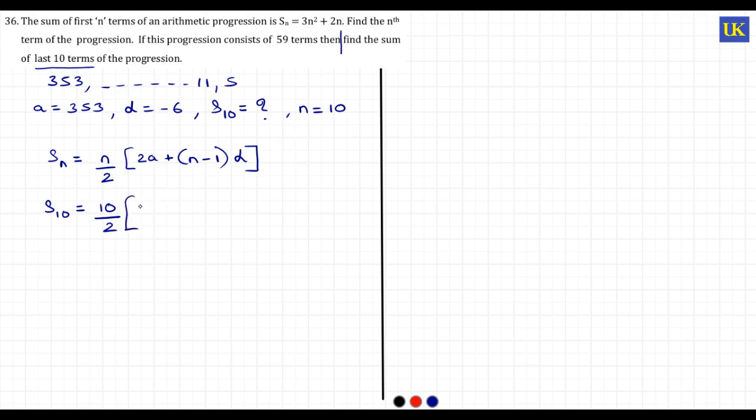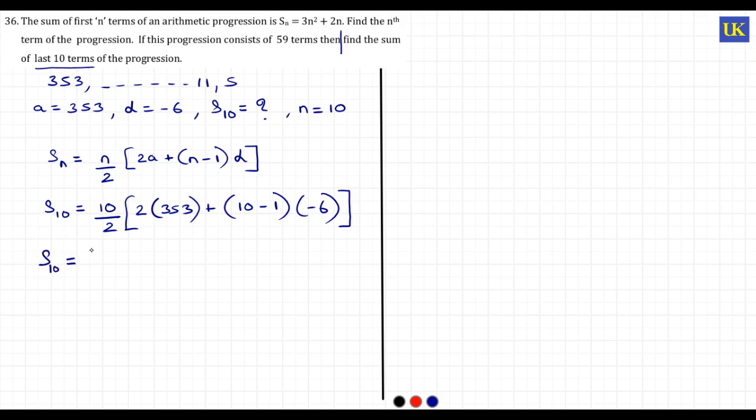Here a means the first term from the last, which is 353, plus (10 minus 1), and d we have to take negative because we will be going on subtracting. Remember, when we go from beginning to end, we go on adding the common difference. But when we come in a reverse way from last to first, we have to go on subtracting the common difference to get the next values. So this is the logic, you remember.